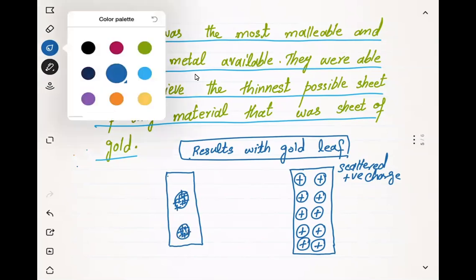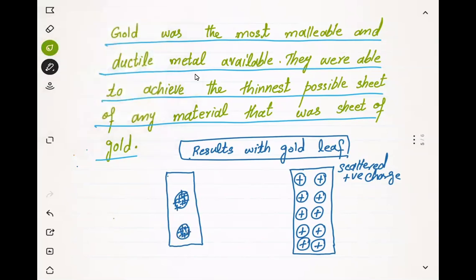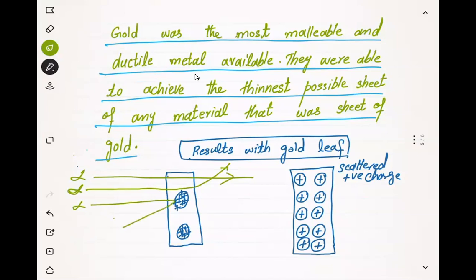What would be the result? This sheet will give a result in which from here the alpha particle will pass straight. From here the alpha particle will have small deviation because alpha particle is a positively charged particle and it will deflect from here. And if you project it here, it will be returned backward. And if you pass it through here, it will go just for example straight.